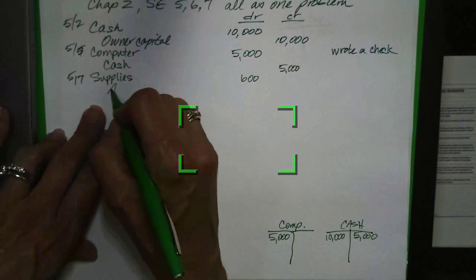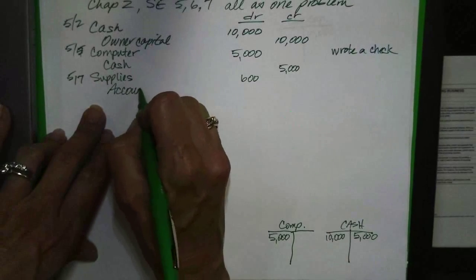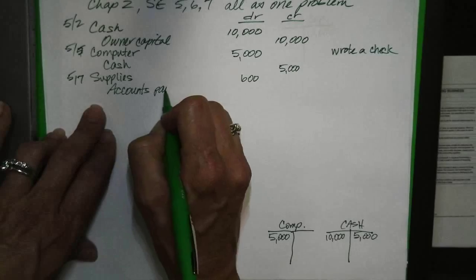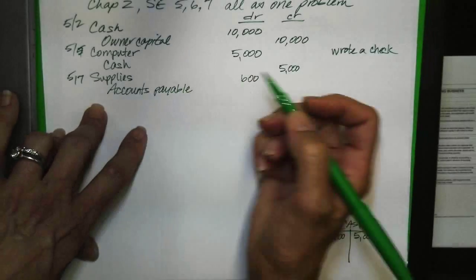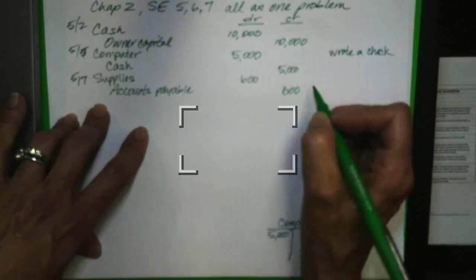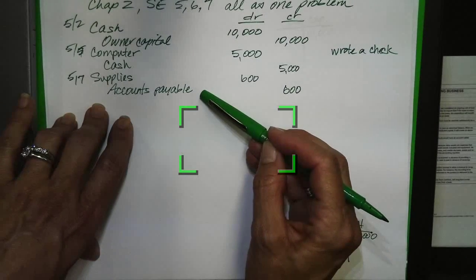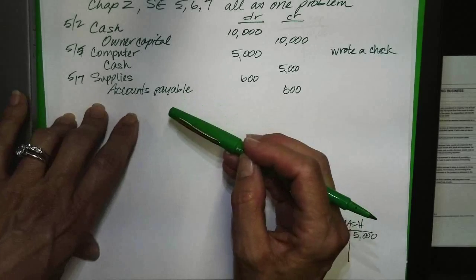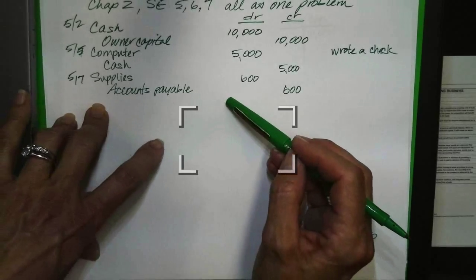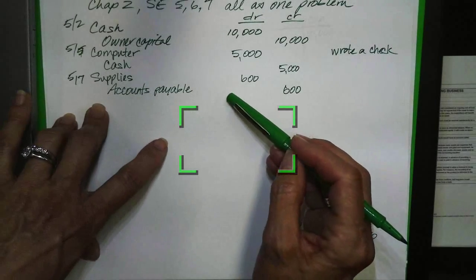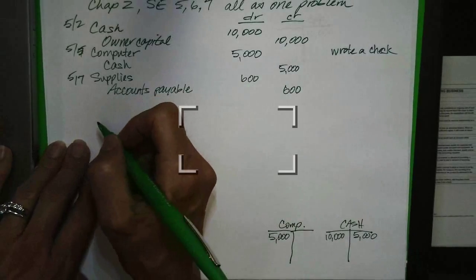So that means it's going to sit in accounts payable until we pay our bills. Okay? So accounts payable is just exactly what it says. What accounts do we owe? What accounts are payable? Accounts payable.